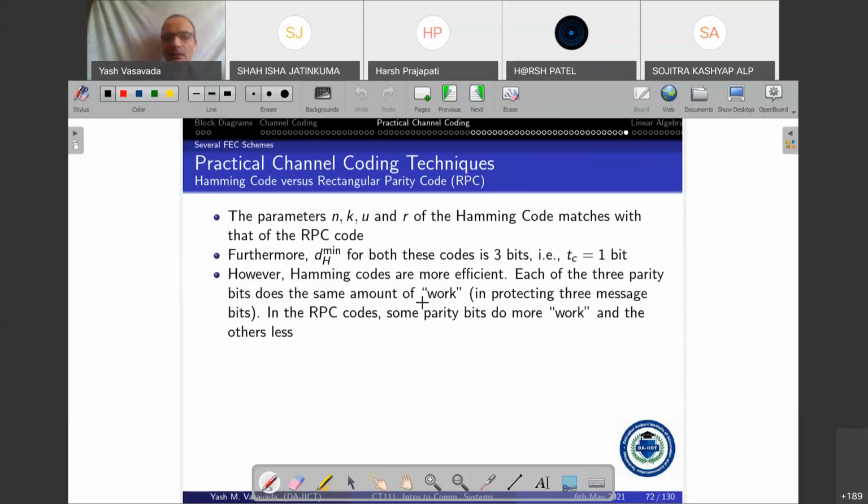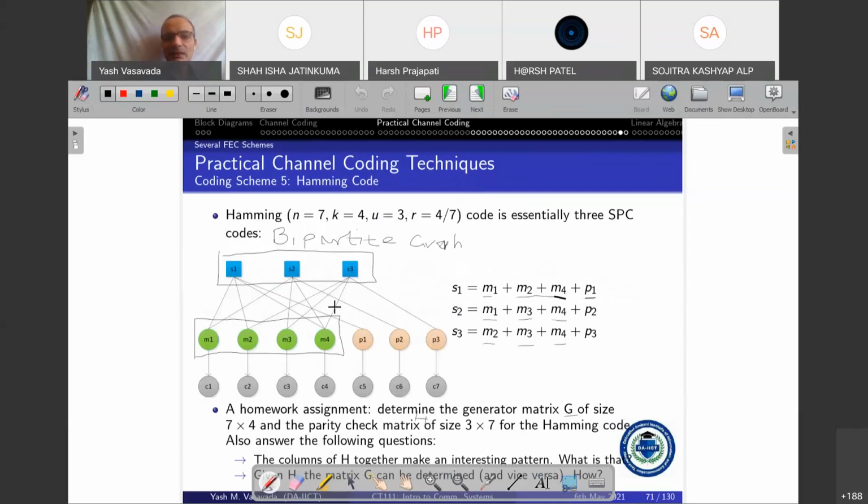But still, Hamming codes are slightly better than the RPC codes. Even though their d_H min is the same and the rates are the same, Hamming codes actually perform slightly better. And the reason is that you will see that here, each of the supervisory nodes has the same number of connections, right? They all have 4 connections.